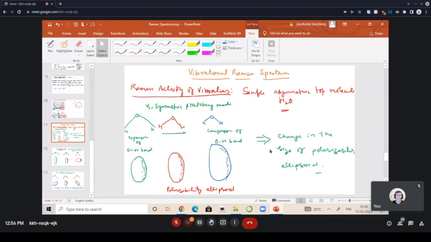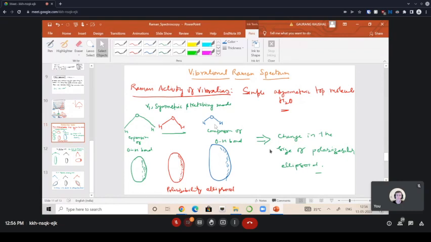What do you want to repeat here, the stretching mode? In the stretching mode, what is there? The stretching of the bond. You can just compress the bond, or you can just elongate the bond. It will be a symmetric stretch. Symmetric means both of the bonds will be symmetrically, equally stretched, whether compressed or expanded.